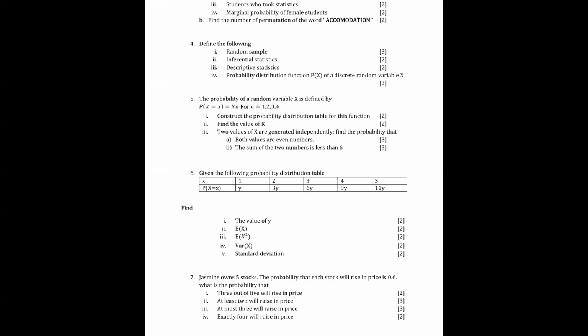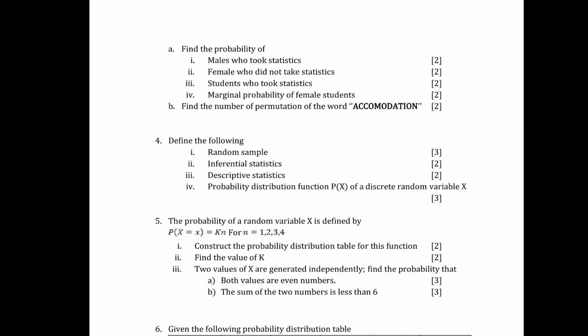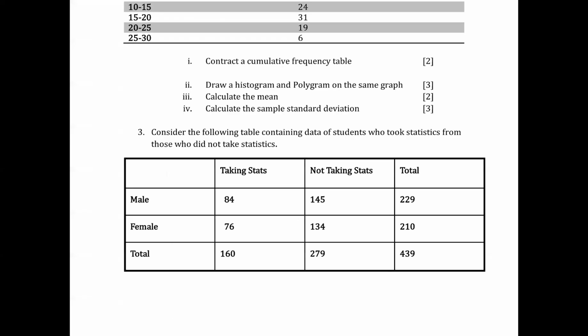Okay, the students who took statistics, now you just want the total number of students who took statistics. The first question was males who took statistics. Yes, so you needed males who took statistics only.